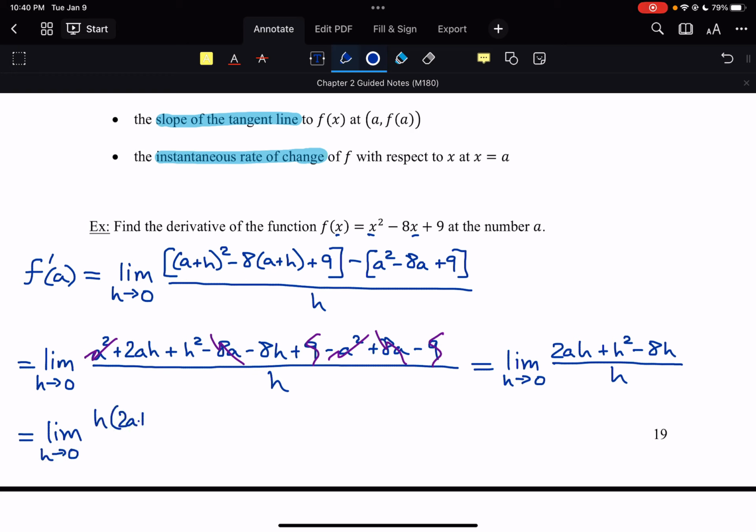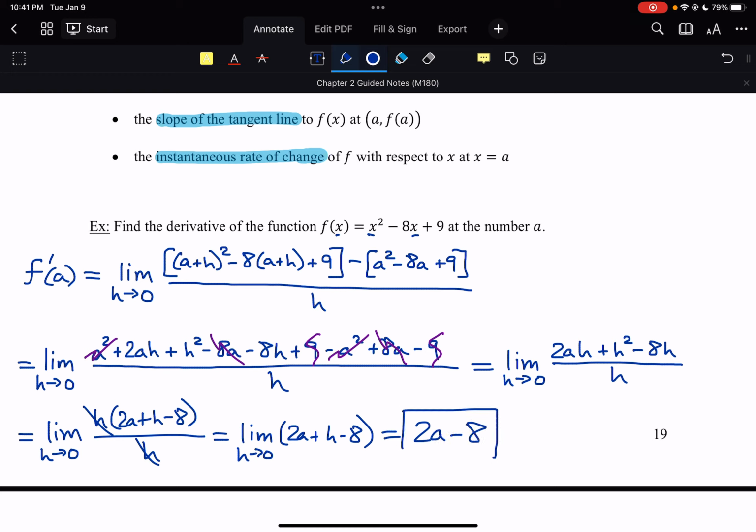We're left with 2a plus h minus 8. These h's cancel. And now we can apply the direct substitution. So the h becomes a 0, and we're just left with 2a minus 8. So this result would be the derivative of this function at the number a.